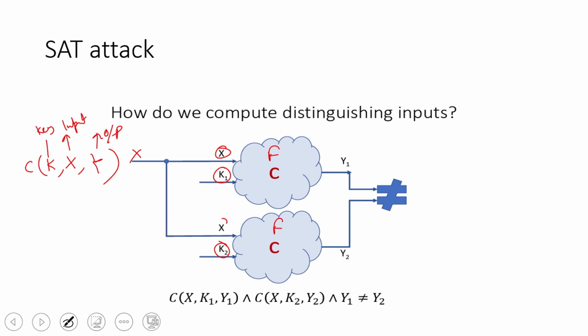I will create 2 copies, one copy is C(K1, X, Y1), and another copy which is C(K2, X, Y2). I just keep X the same, and I rename all the keys with underscore 1 in this circuit, underscore 2 in that circuit, and all the outputs as underscore 1 here and underscore 2 here. That is all, right.